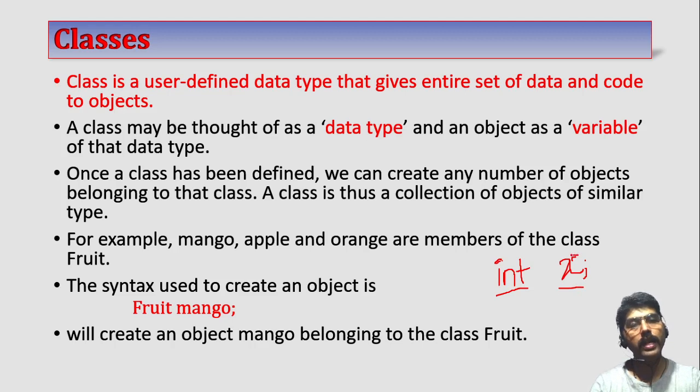When you create x, what operations we can perform using this x is already explained by this int. I can use some arithmetic operations, relational operations, logical operations. Means different operators I can use on this x are already mentioned in the int. That means int will explain what I can do with x.